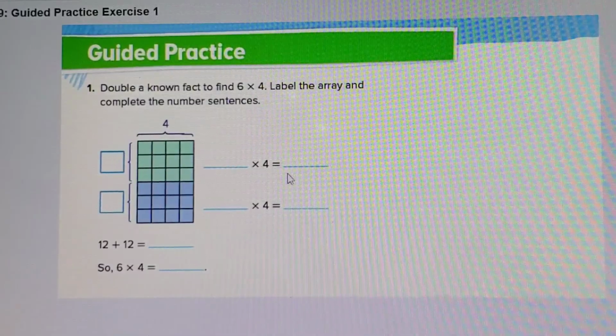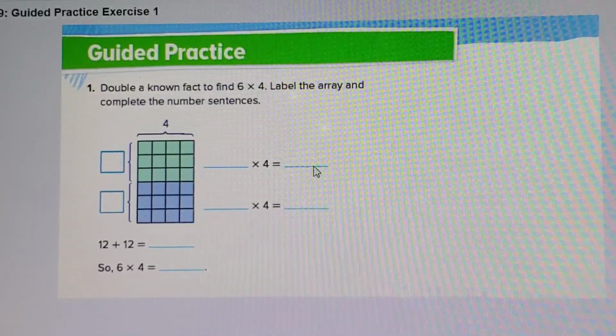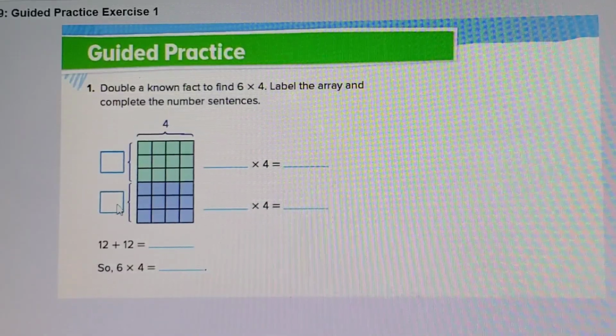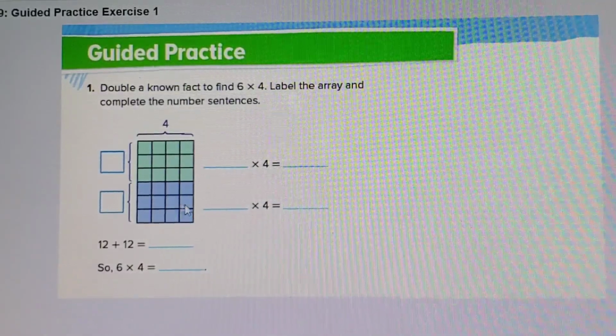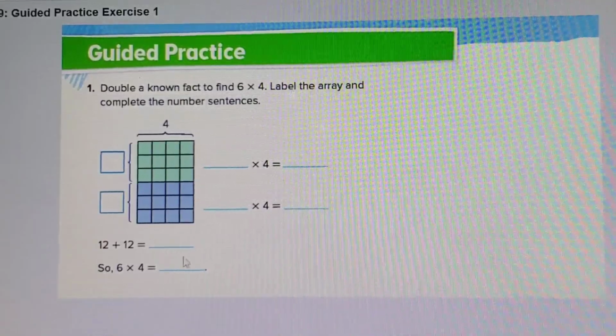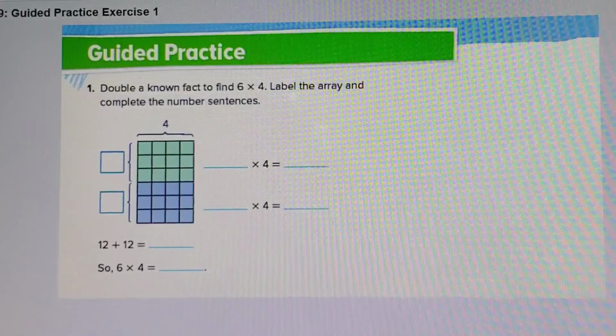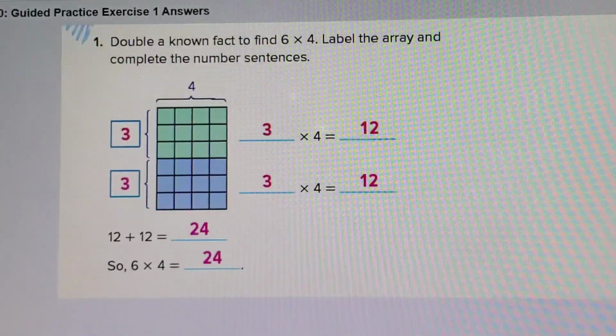So you write 3 times 4 equals 12. Here you have 3 rows, so 3 times 4 equals 12. 12 plus 12 equals 24. So 6 times 4 equals 24.